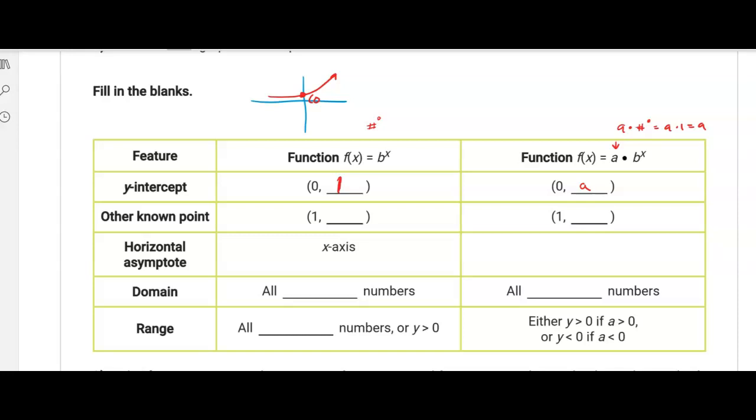Okay. Another point that's on here is if I plug 1 in for x, you'll always get b as your output. Now, if there's an a value here, when I plug 1 in, the value I would get is a times b, and that would give me another ordered pair.